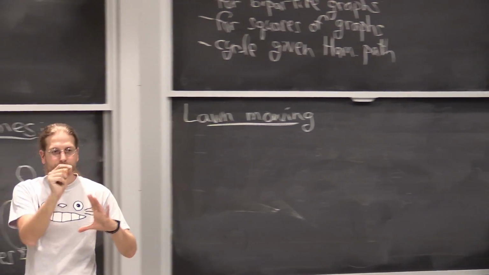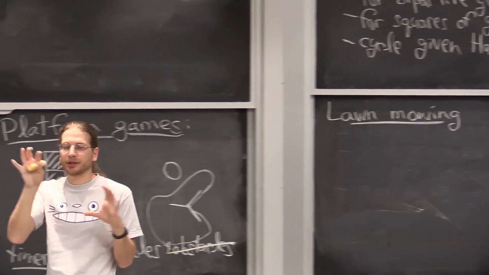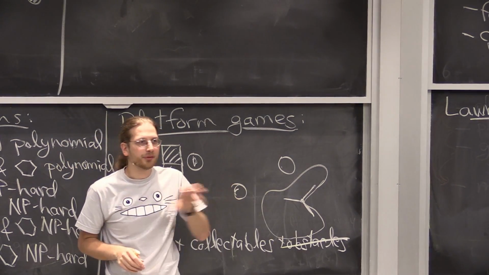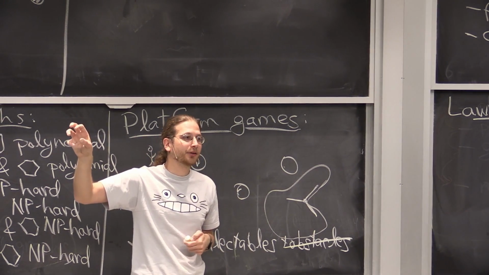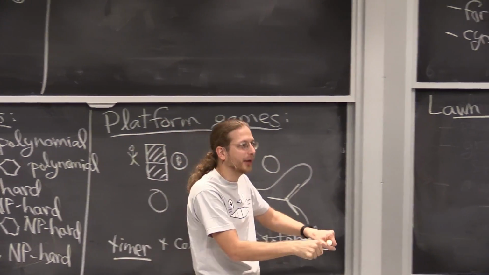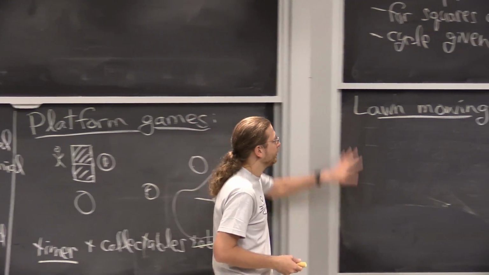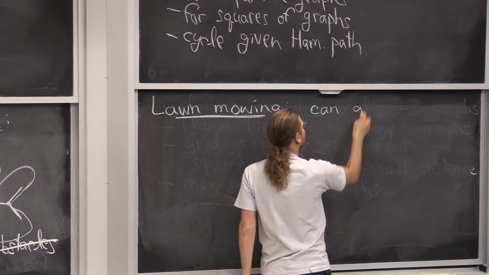If we're using a square cutter, you have to visit every pixel of the polygon. You're moving a unit square around. You've got to visit everything to cut the entire lawn. But you're also allowed to leave the polygon. Because for a lawnmower, you can go outside the grass. You can go onto the pavement. Most lawnmowers, that doesn't break it. So that's called lawn mowing. You can go outside if you want.